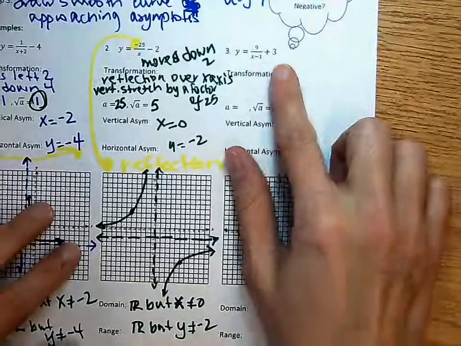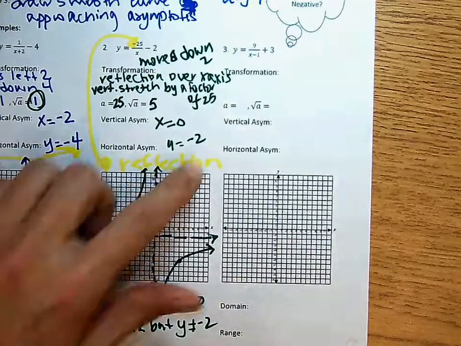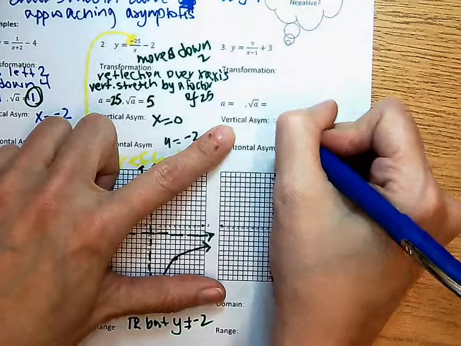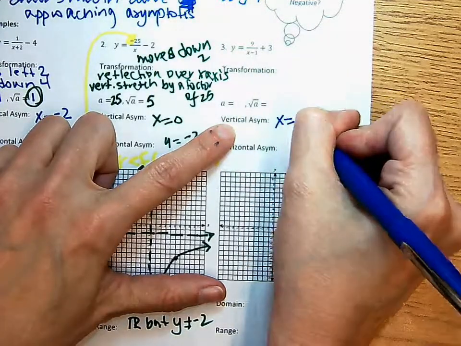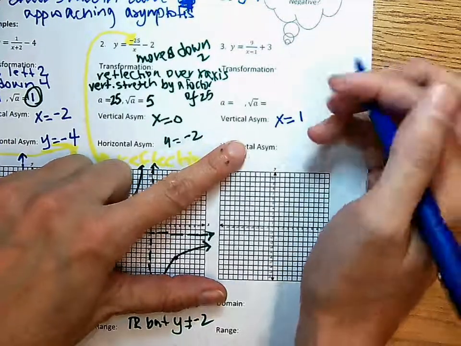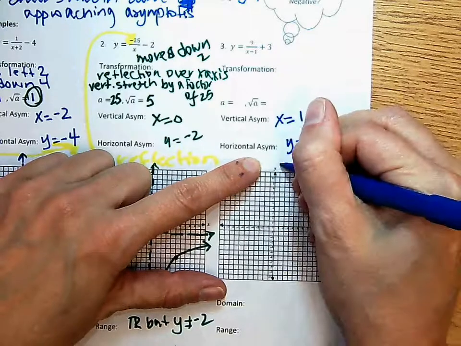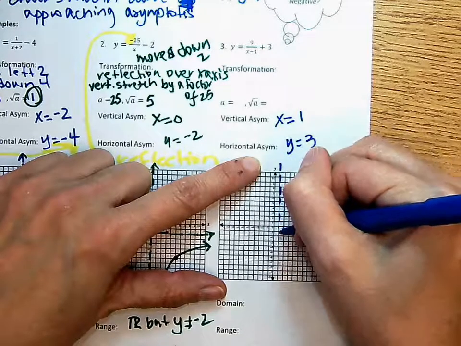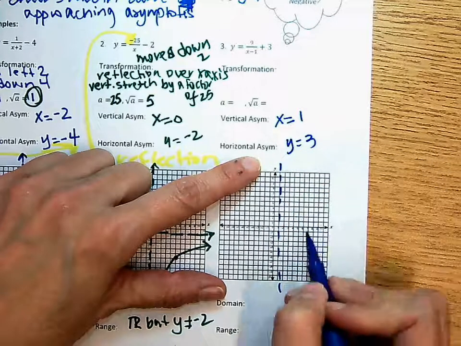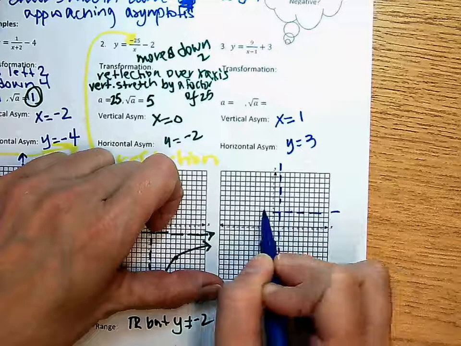We can quickly look at where these asymptotes are, though. Where's my asymptote here? My vertical asymptote. Good, x equals 1. And you need to tell me the equation of it, okay? Be careful with that. And what about your horizontal one? Good. If you do that, then you've done a lot of the hard work.